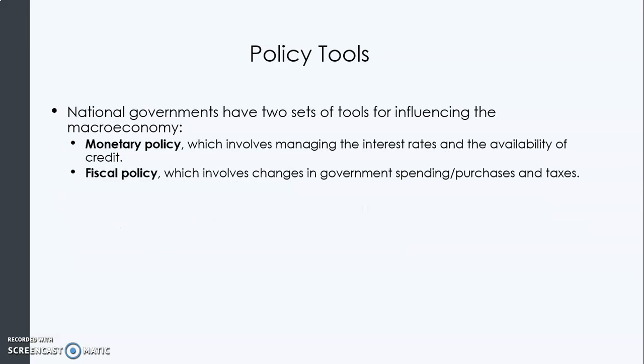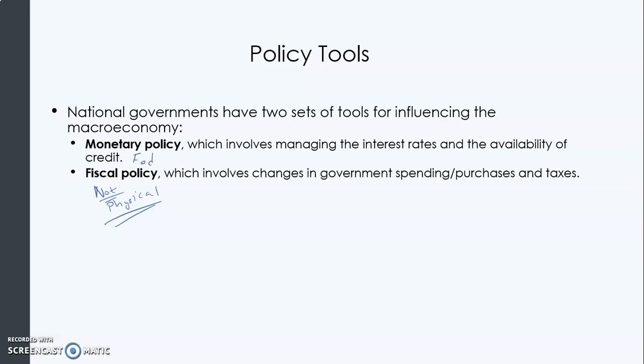The two main policy tools are monetary and fiscal policy. One moment here, this is fiscal, it is not physical policy, right? So, monetary policy involves managing interest rates and the availability of credit. That's usually done by a central bank.